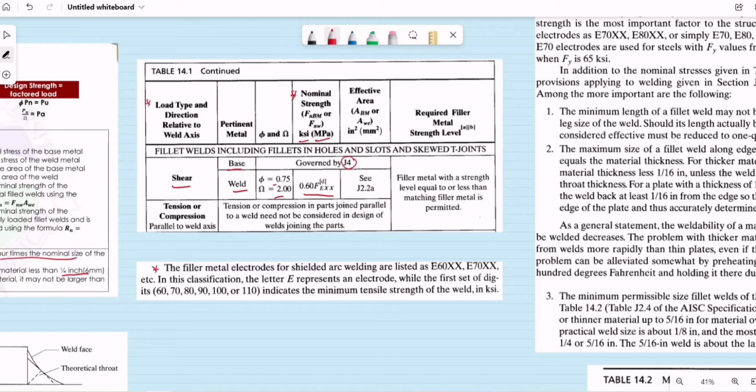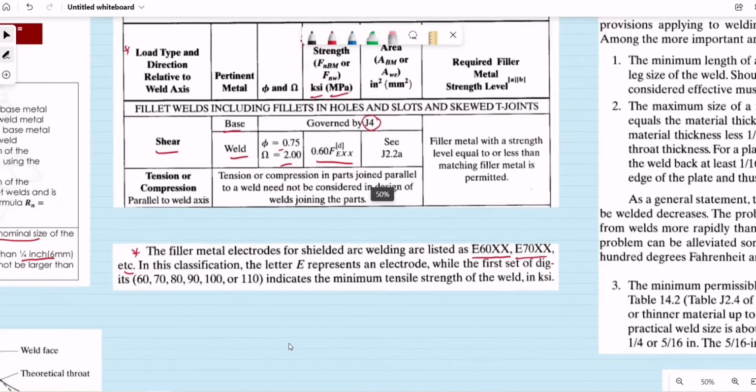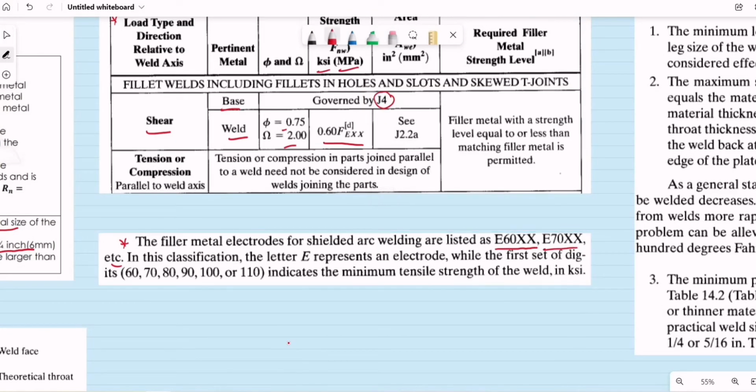The filler metal electrodes for shielded arc welding are listed as E60XX, E70XX, etc. In this classification, the letter E represents an electrode, while the first set of digits, 60, 70, 80, 90, 100, or 110, indicates the minimum tensile strength of the weld in KSI.